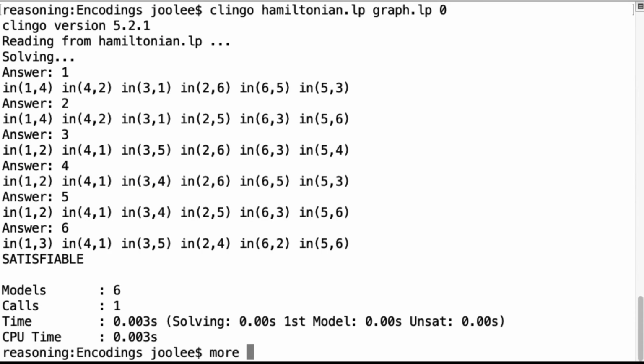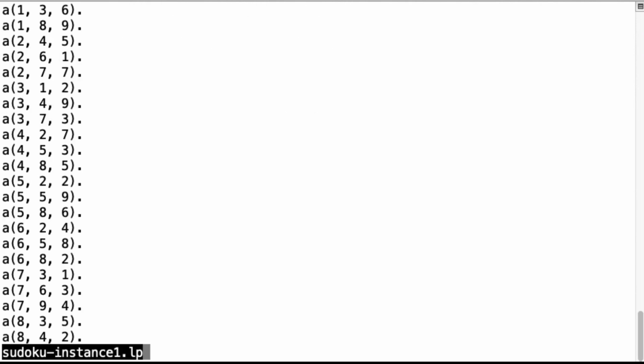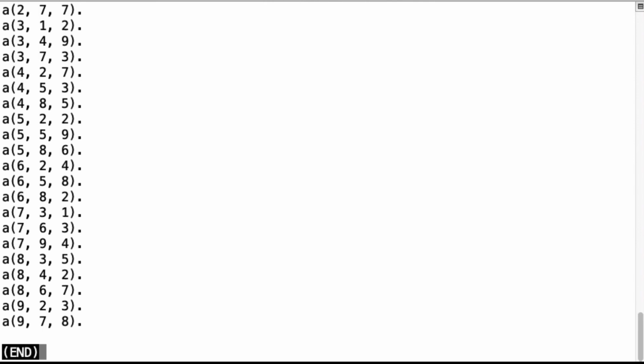I have Sudoku here, Sudoku.lp. This is the program that you saw. As I said, it involves 4 lines of code. But also we have the Sudoku instance. So A(2,7,7) means at the position 2,7 there is a digit 7, and so on.